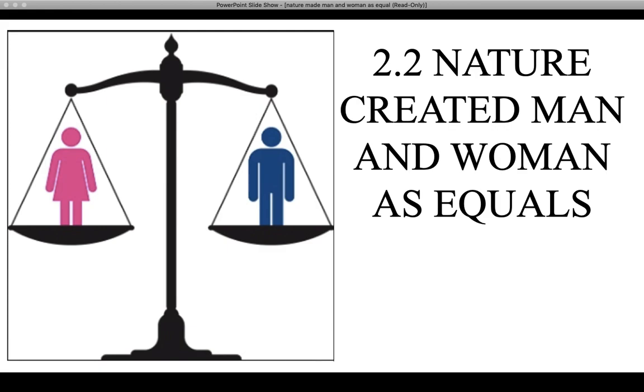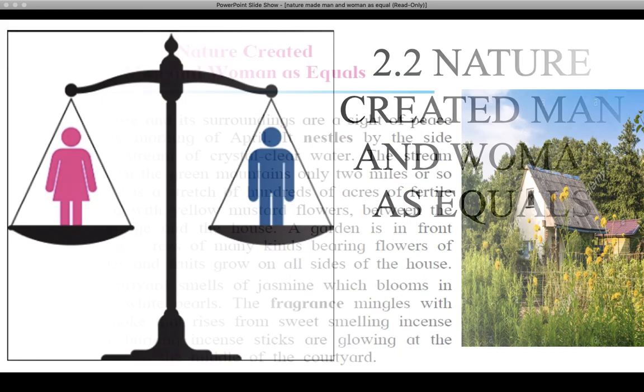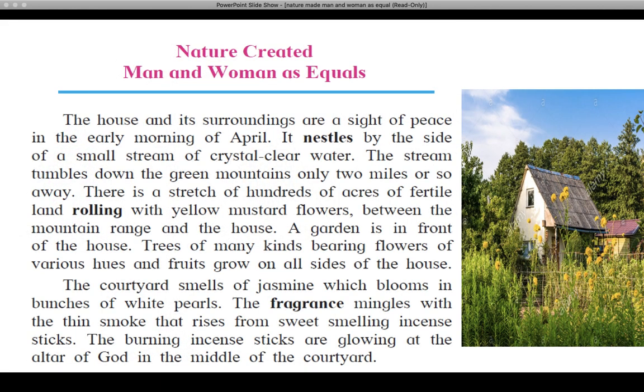Okay, so let's begin. I hope all of you have your textbooks, page number 31. Nature created man and woman as equals. The house and its surroundings are a sight of peace in the early morning of April. It nestles by the side of a small stream of crystal clear water.